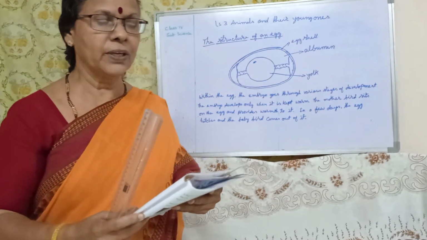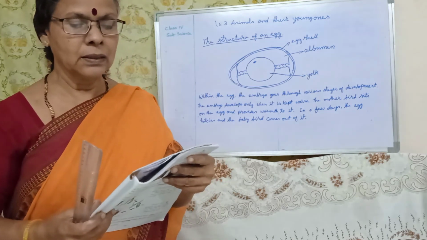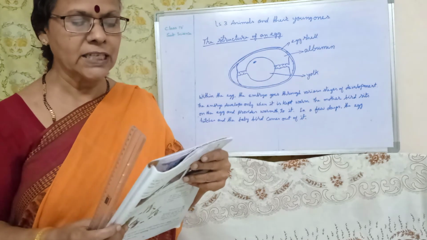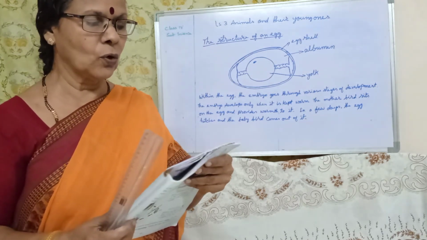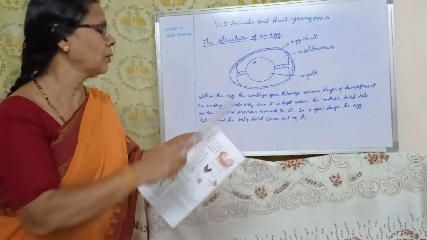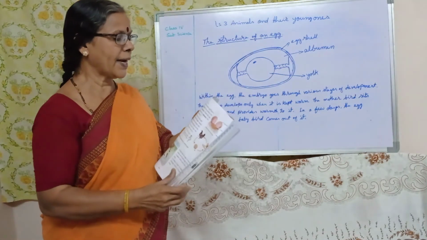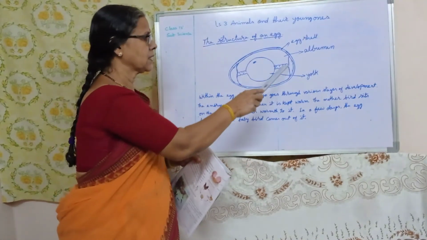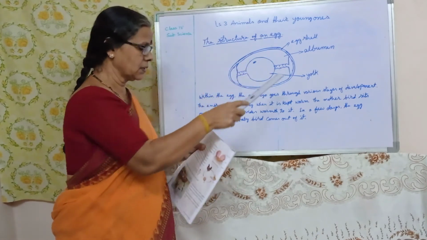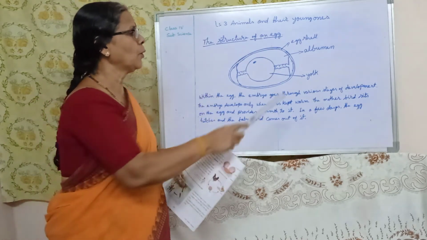The structure of an egg. Let us now examine the inside of a bird's egg. There is a hard shell called the eggshell that protects the growing baby bird called the embryo. Within the eggshell is the white of the egg, called the albumen.